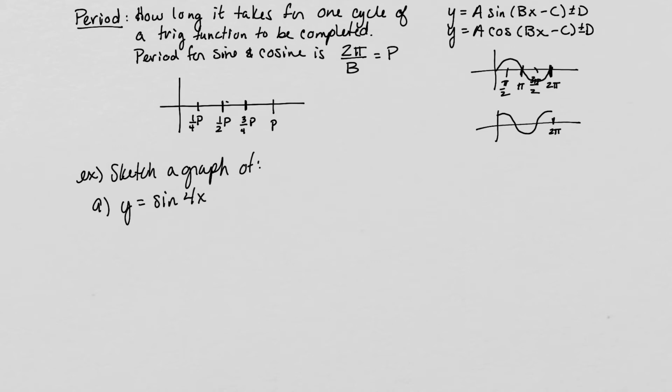In y equals sine 4x, this 4 is my B. So my period is going to be 2 pi over B, or 2 pi over 4, and I can reduce that to pi over 2. Questions?